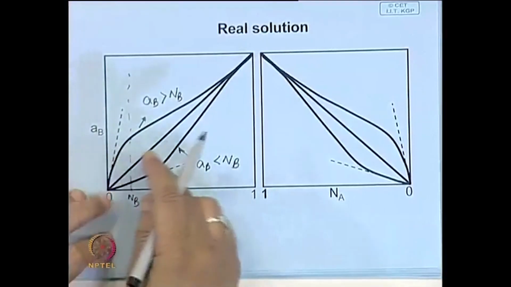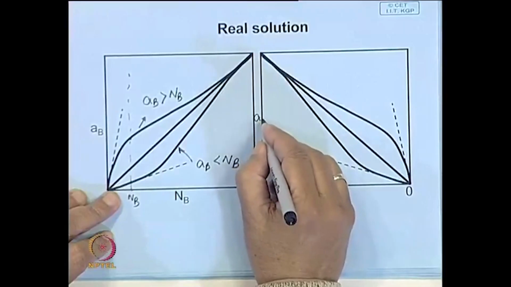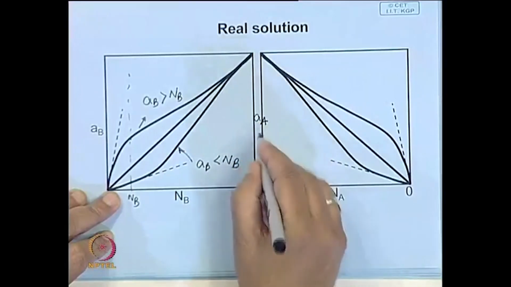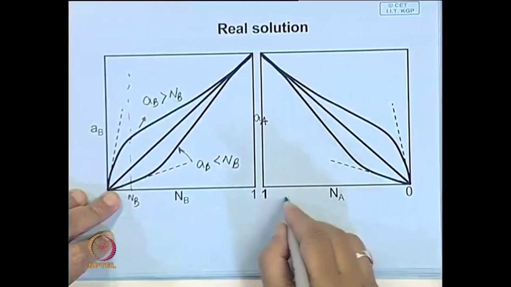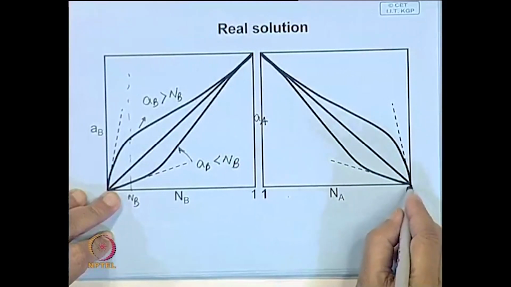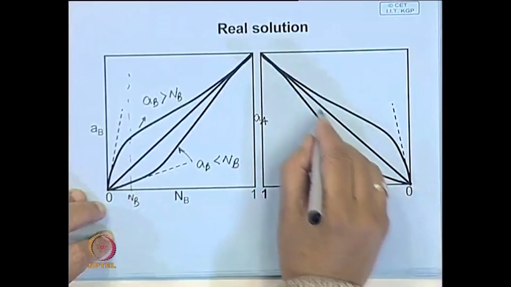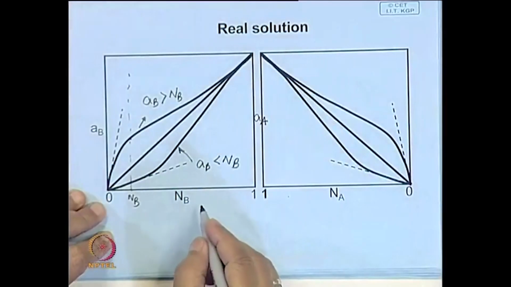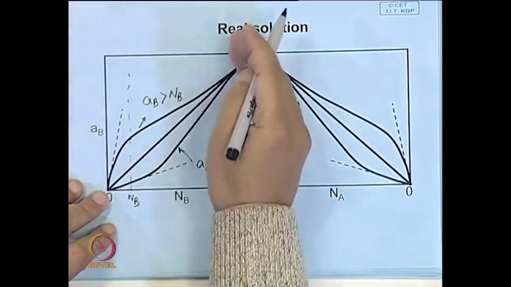In the same way, you can also plot the activity of A on this axis against atom fraction here. In that case, the atom fraction here is 0, and the ideal solution curve is like this. Now, whenever there is a deviation, you can still make approximations at the two ends.